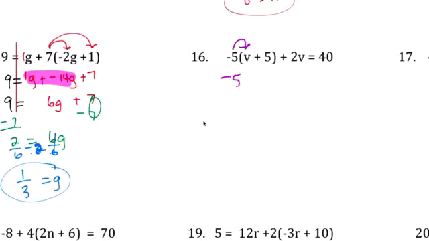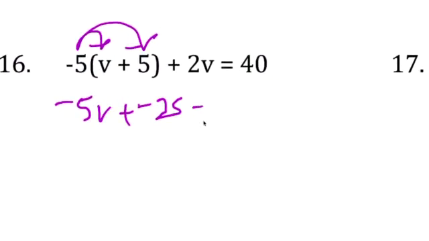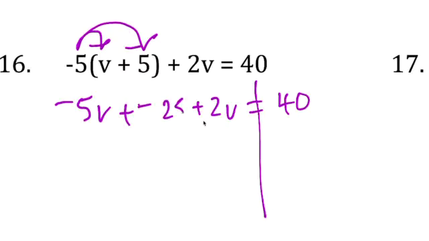Negative 5v, add a negative 25, plus that 2v equals that 40. Okay, that's a 25. It's an ugly 25, but combine these, they're alike.